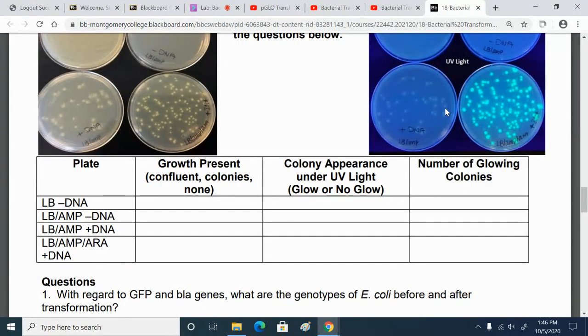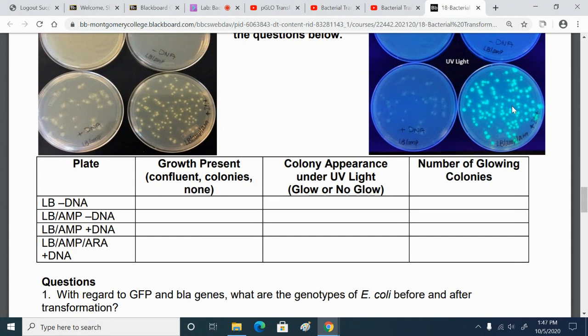Okay, so remember the green fluorescent protein gene is under the control of the PBAD promoter. And the PBAD promoter is normally turned off. It requires two things to get turned on. One of those things is the ARAC protein, which the bacteria are making because they have the gene on the plasmid. And the other thing is the arabinose sugar, which is only in this agar plate.